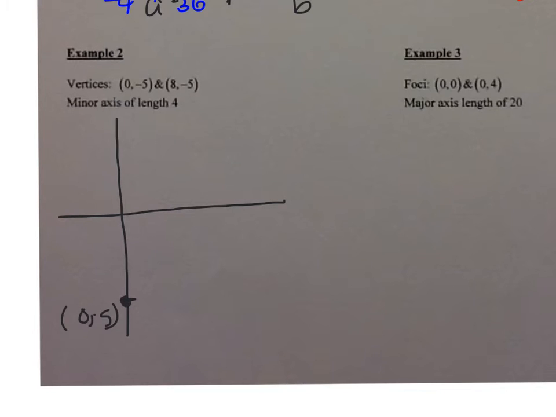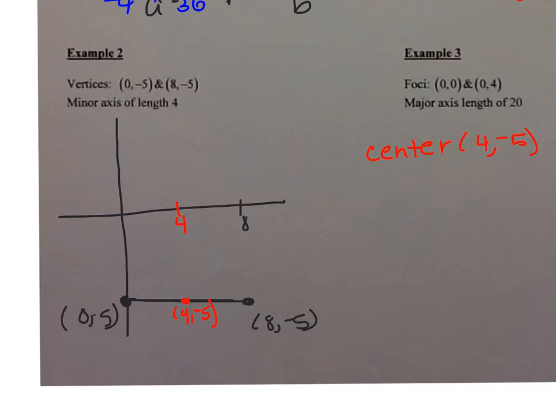And I have (8, negative 5) here. If these are vertices, then this would be one of my axes. That would mean my center would be right here in the middle, which would be at 4. So let me write that down: my center is going to be (4, negative 5).